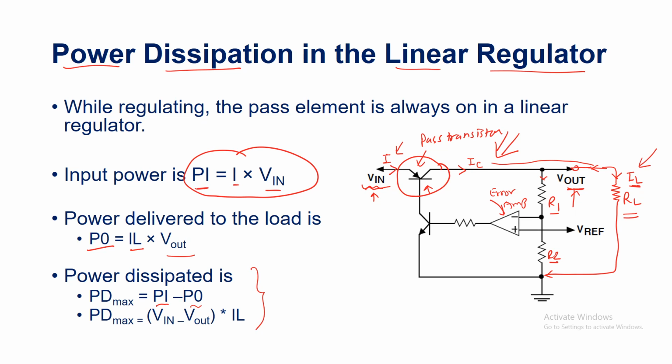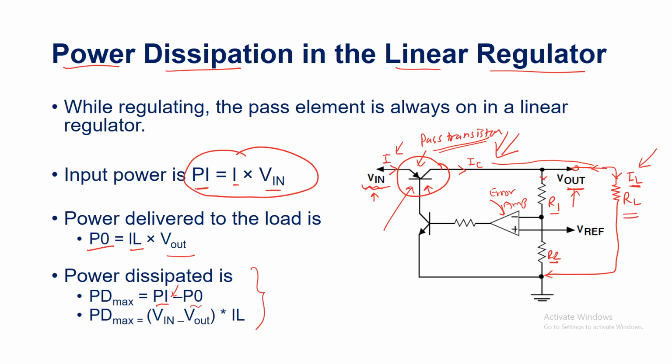So that's the definition. You see that PD max, the maximum power dissipation, is the difference between how much power is received and how much power is delivered to the load. The remaining power is basically dissipated as heat by the circuit. And the reason is that while regulating, the pass transistor in the linear regulator is always on.